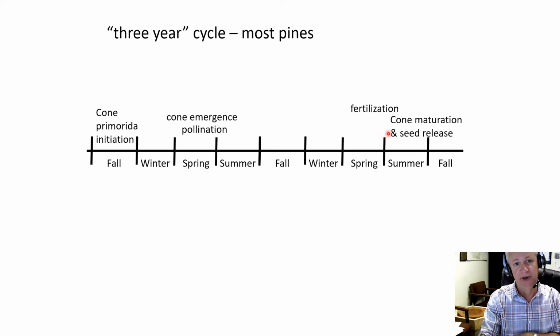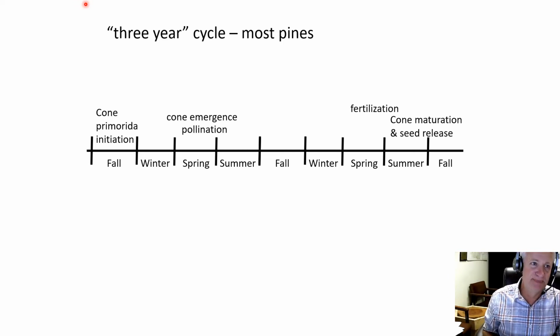The pollen tube growth finishes, the sperm cells migrate down the pollen tube and fertilize the egg cells, and fertilization occurs that following spring. And then cone maturation and seed release occurs that following summer.